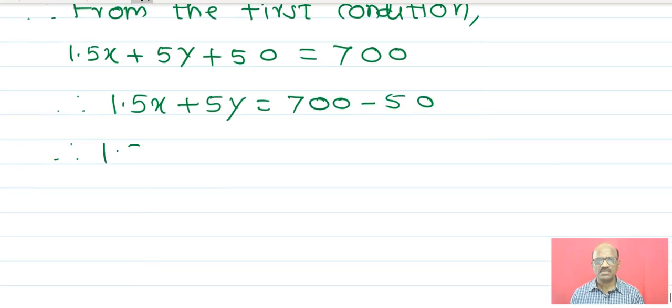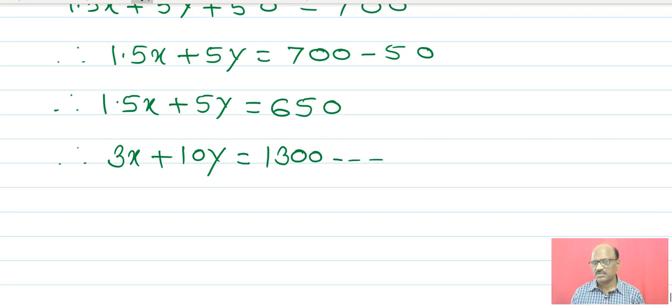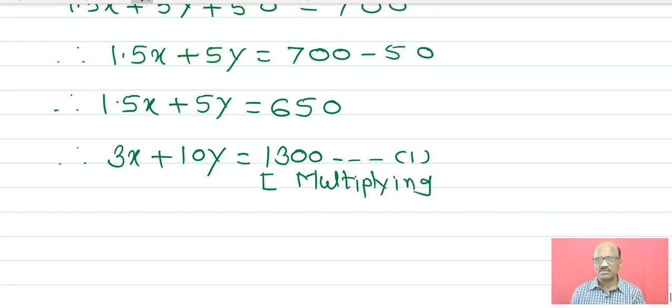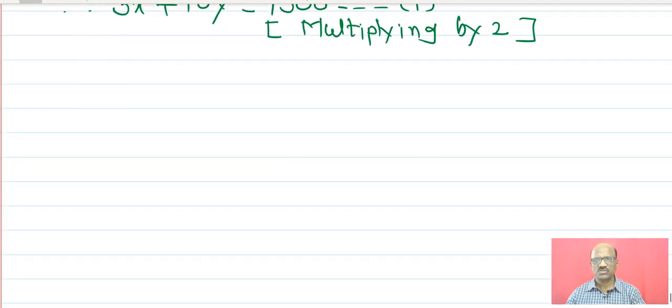And therefore the equation becomes 1.5x plus 5y is equal to 650. Therefore, multiply the given equation by 2, that is 1.5 into 2 means 3. Let us remove the decimal point. 3x plus 10y is equal to 1300. That is multiplying by 2.